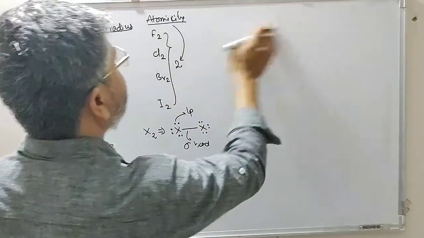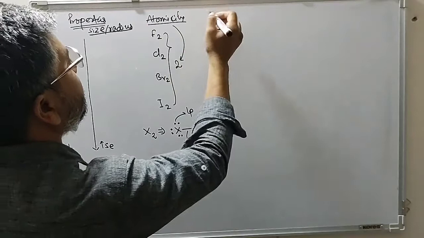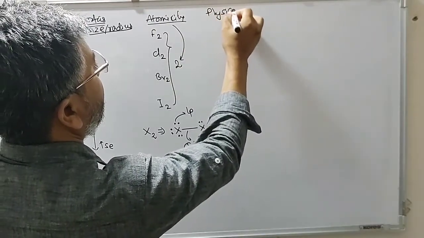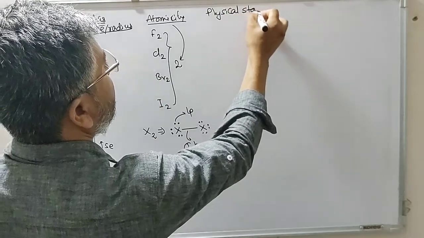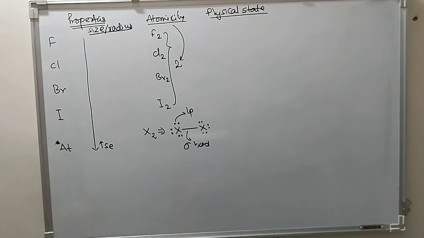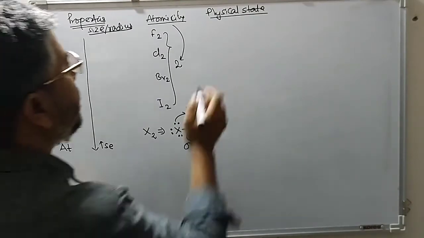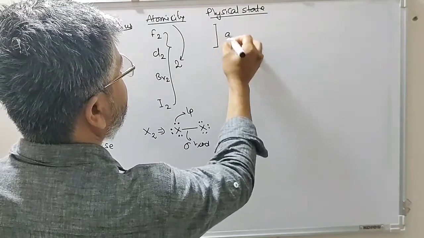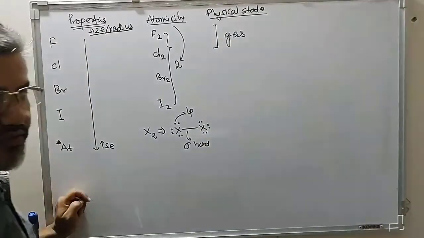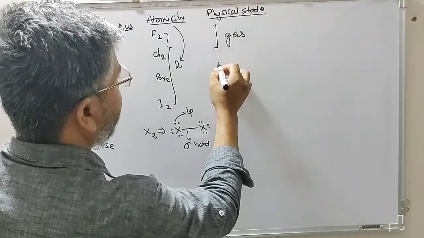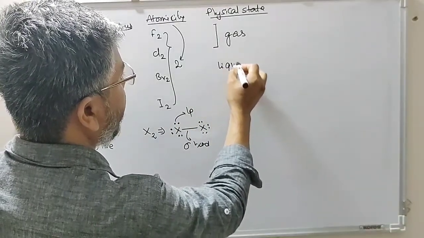Then coming to the physical state of these elements. Fluorine and chlorine both exist as gas at room temperature. Bromine exists as a liquid at room temperature.